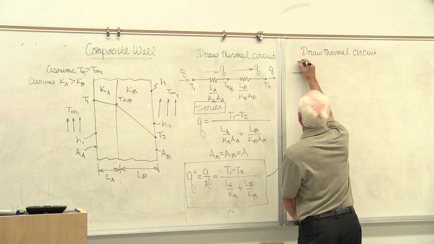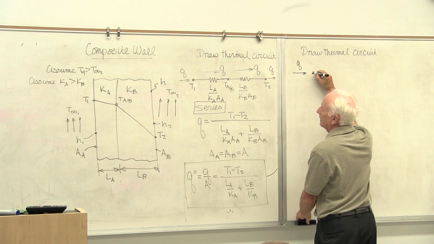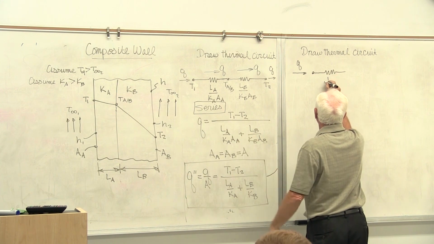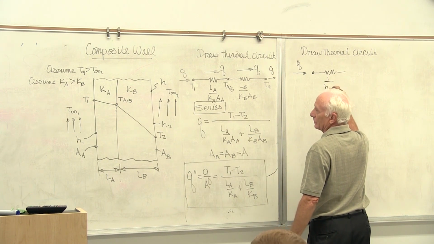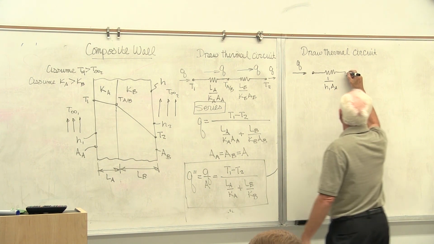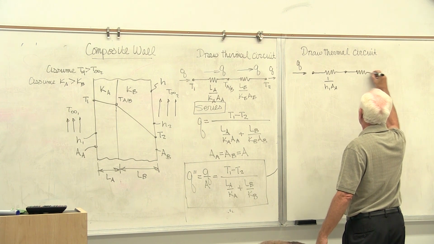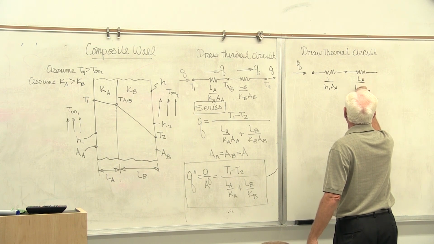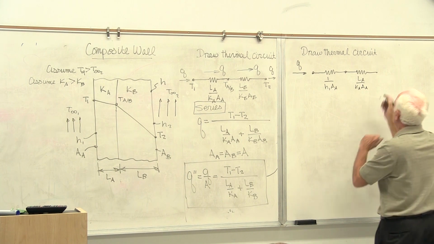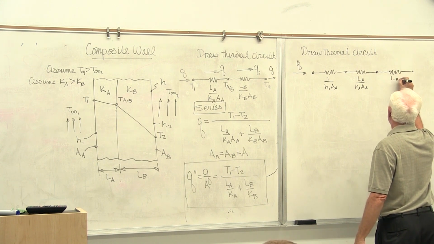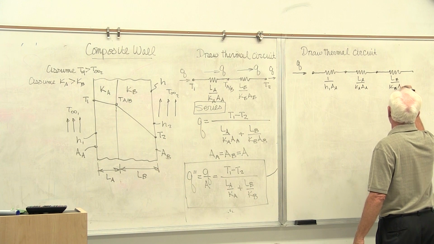Okay, Q comes in. Then it goes in wall 1 by convection, 1 over H1 A sub A. Then we go by conduction through the wall material A, and so that's LA over KA, area of A. And then we go by conduction through material B, LB over KB, AB.